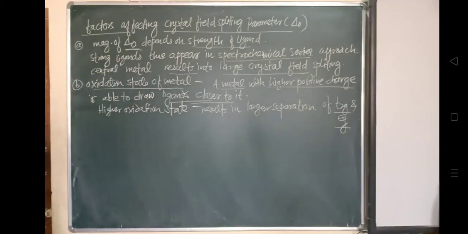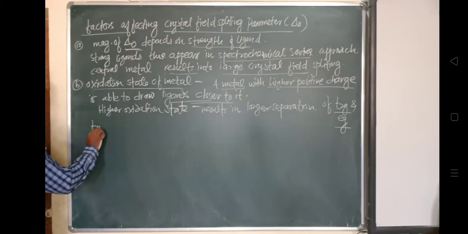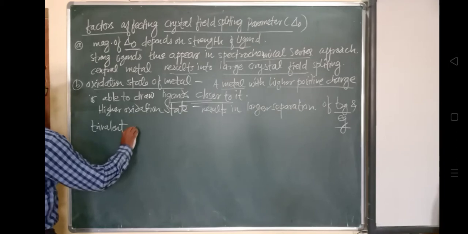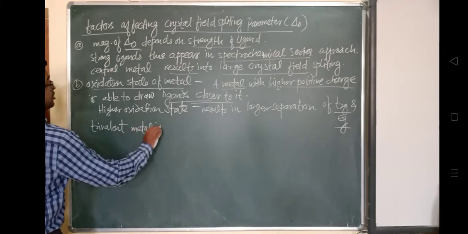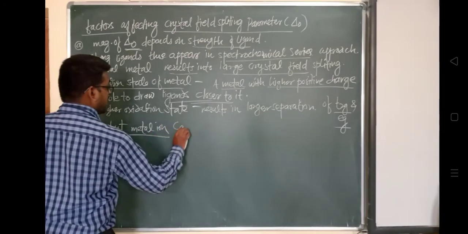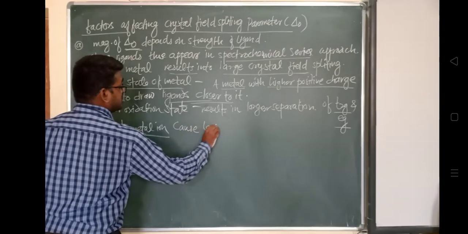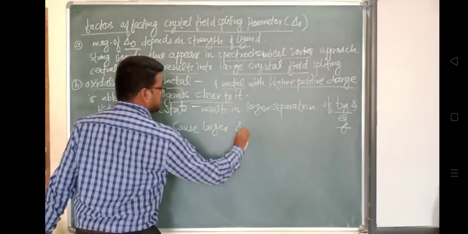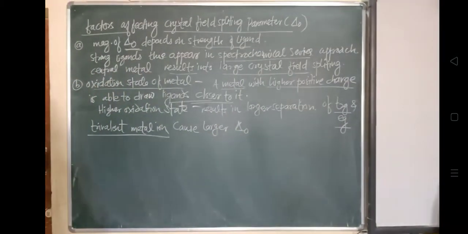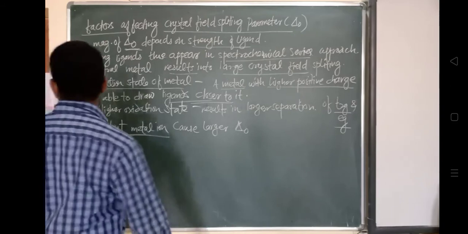So the trivalent metal ion causes larger crystal field splitting. A trivalent metal ion causes a larger delta naught, that is the crystal field splitting parameter, than the corresponding divalent ones.